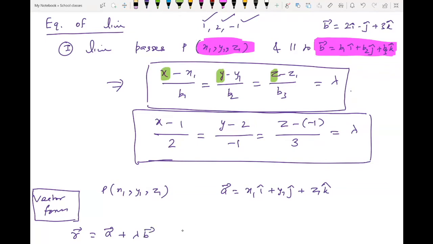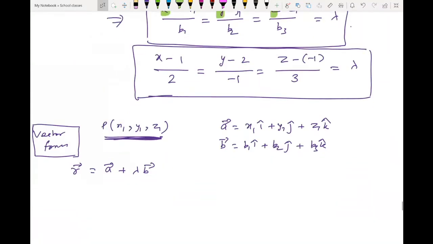This formula is used when a line passes through a point and is parallel to a vector b, where a vector is the position vector of the point, and b vector is b1 i cap plus b2 j cap plus b3 k cap.